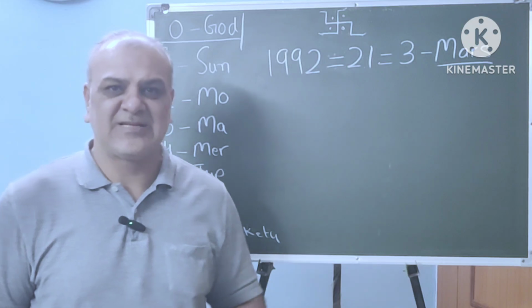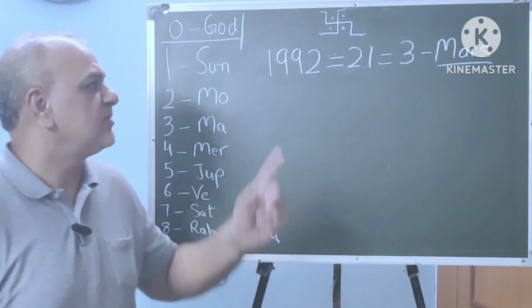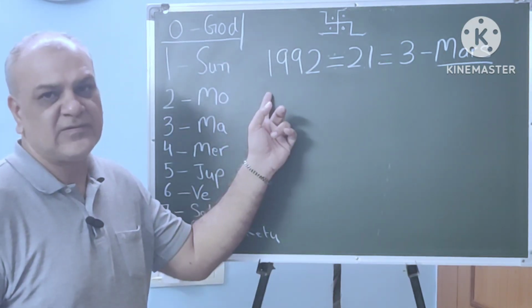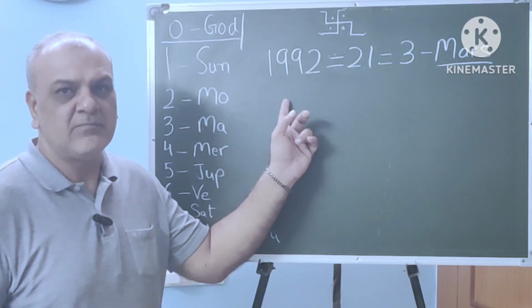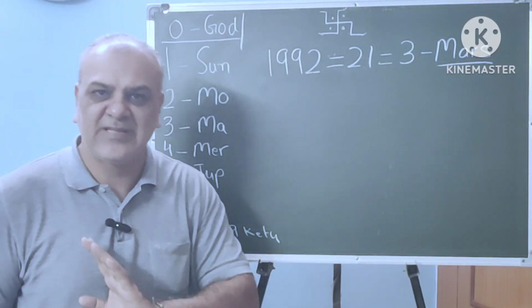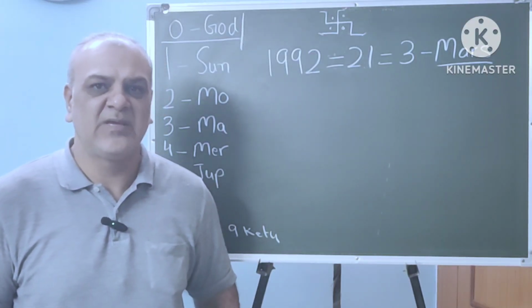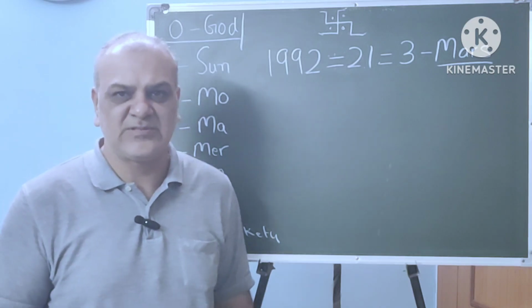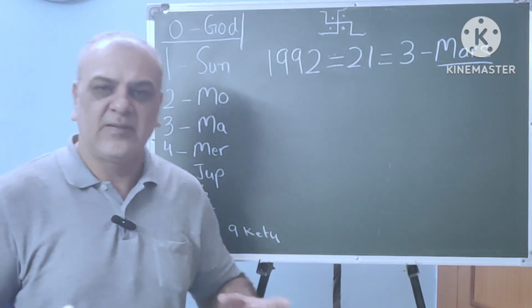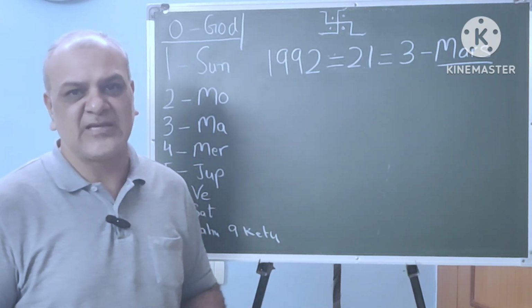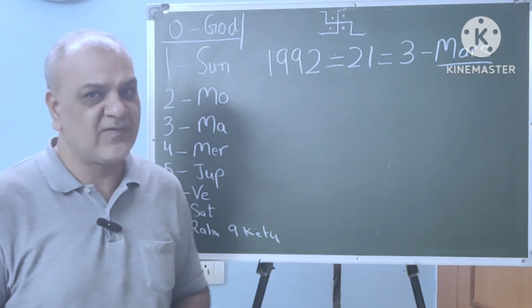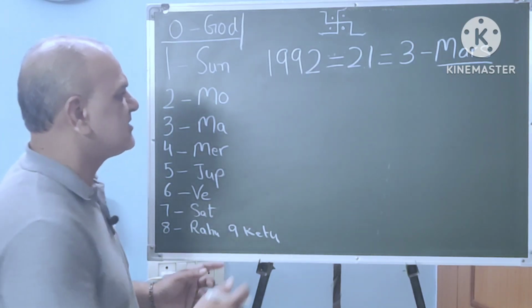Now we will cast a chart according to the day, month and year of his birth. There is no need for birth time. You can use any timings you want. We only need the planets in particular signs. We don't need bhavas or houses here.